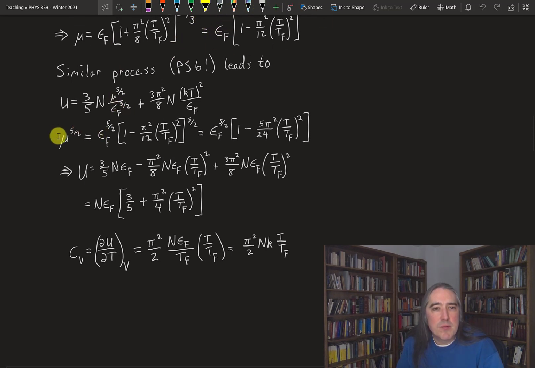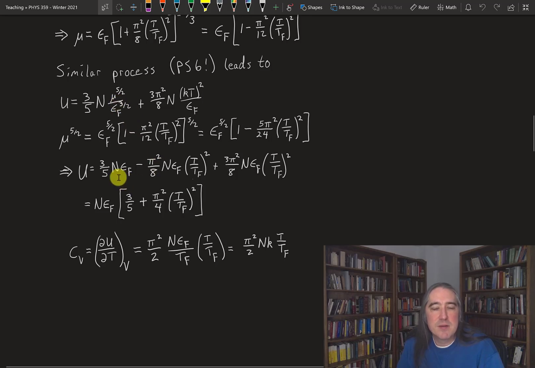So mu to the 5/2 is going to be E Fermi to the 5/2 times this stuff to the 5/2. And yes, the cats are playing with the light. Good. This raised to the 5/2. And again, the argument is this must be a small parameter, otherwise the expansion doesn't work. And so we can do the binomial expansion here and just bring the 5/2 inside. Okay? So this is our mu to the 5/2.